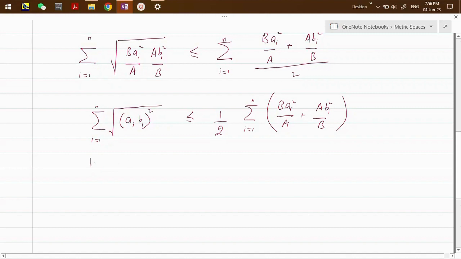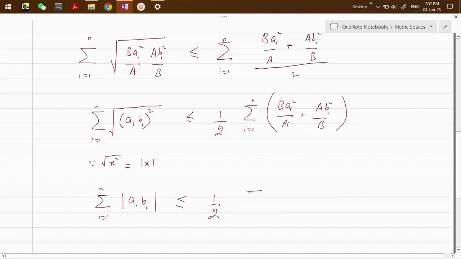Since we know that root of x square is equal to mod of x, we get summation i from 1 to n mod of ai bi less than or equal to 1 by 2.